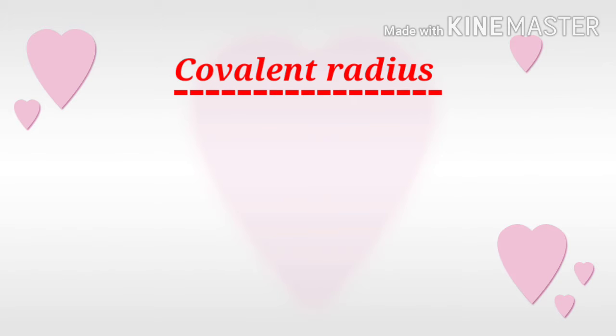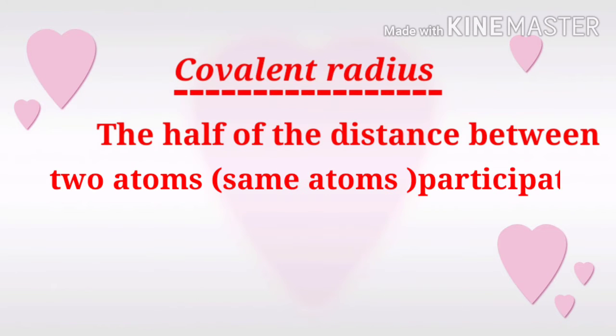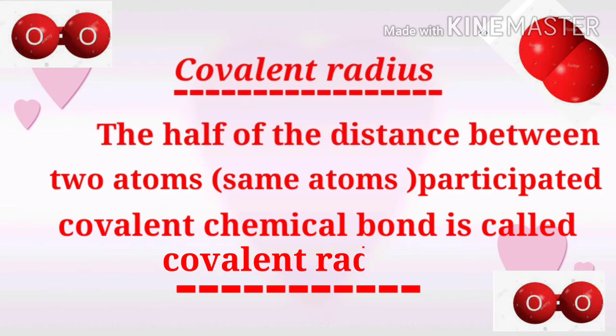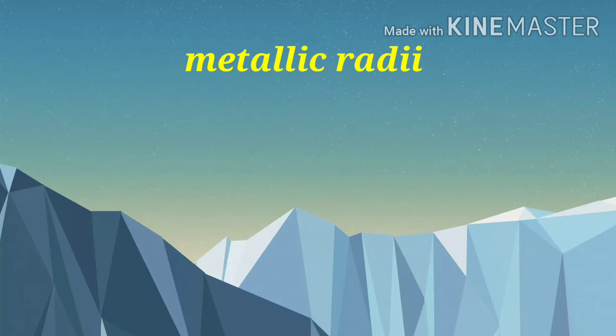Covalent radius: the half of the distance between two atoms participated in a covalent chemical bond is called covalent radius. Metallic radii.